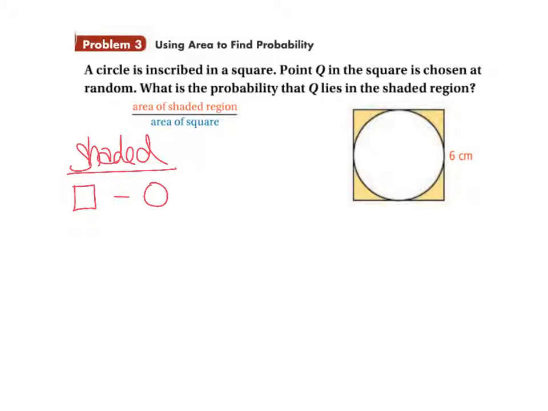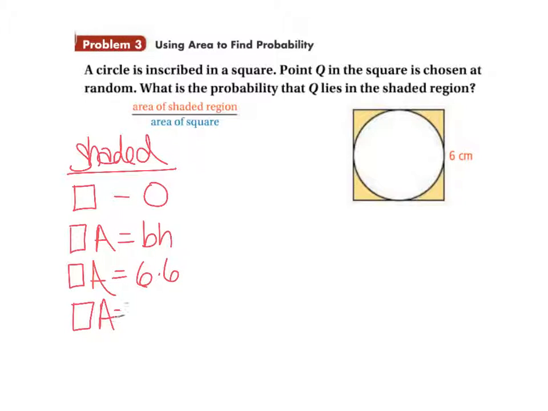So the square area equals base times height. It's a square, so 6 times 6, which is 36. That's part of what I want.